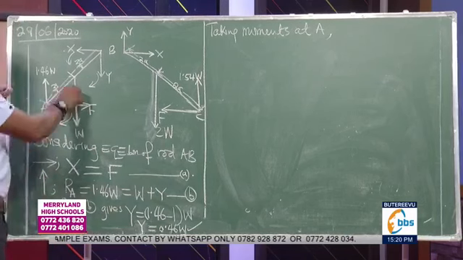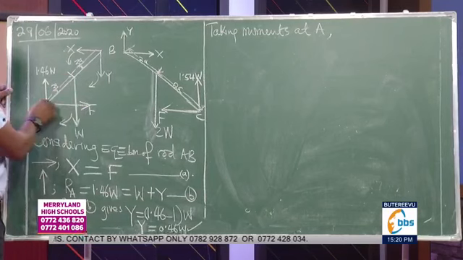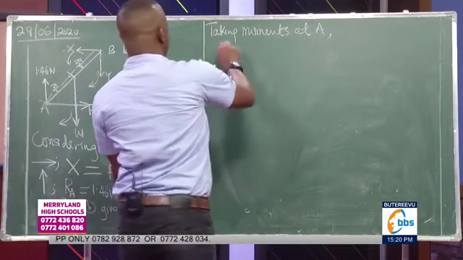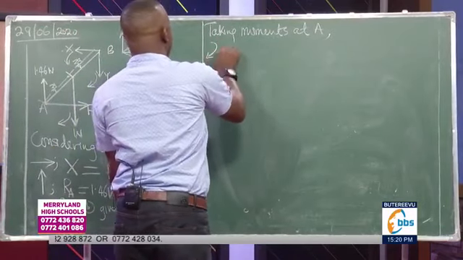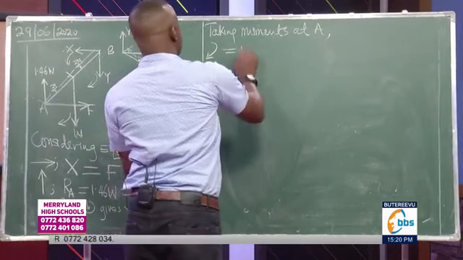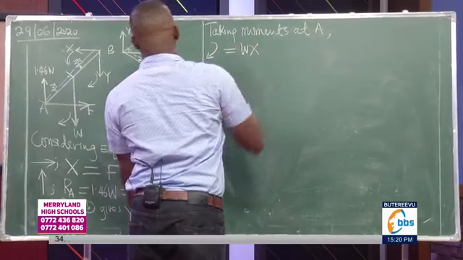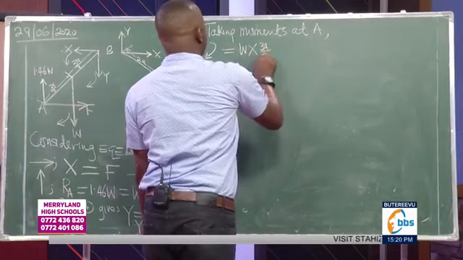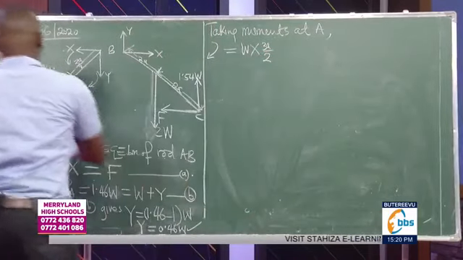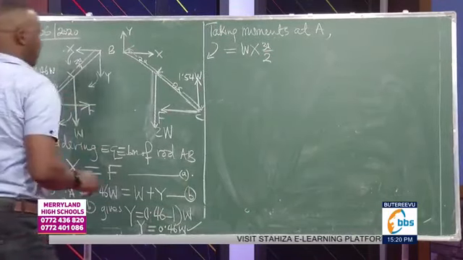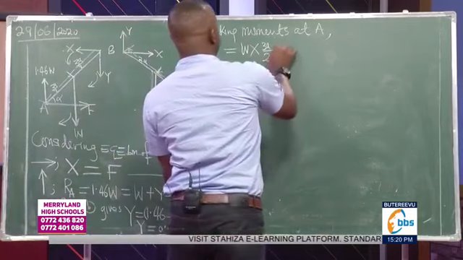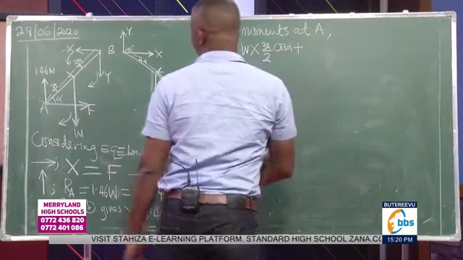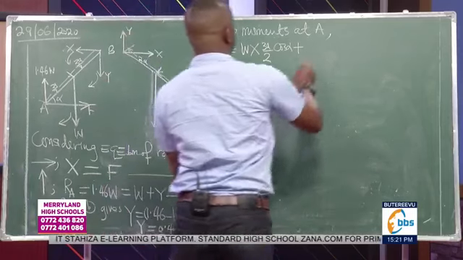Now, the perpendicular distance of W, we already have it. So if I begin with the clockwise moments will give me W times the perpendicular distance, which is going to be 3A over 2, the cos of alpha, this angle we call it alpha, we will maintain that, plus Y.